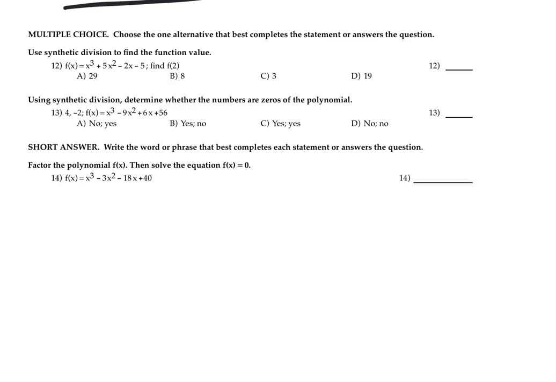Rather than plugging it in or doing synthetic division, I would simply put this into my y equals. I would look at my table, and I would look at 4 and negative 2. If the y value that matches up with 4 and negative 2 is 0, then we would say yes, it's a 0. If my y value is anything other than 0, then it's a no, okay? So that would be a really quick and easy way of evaluating both of those.